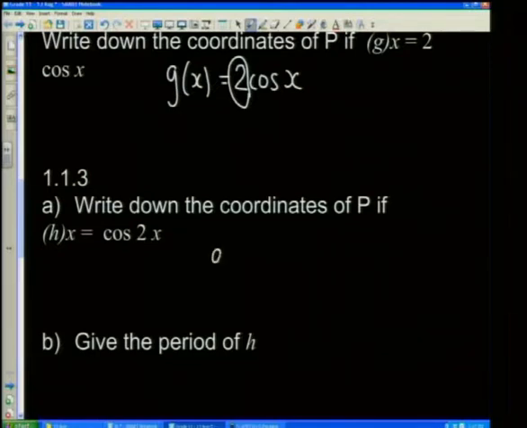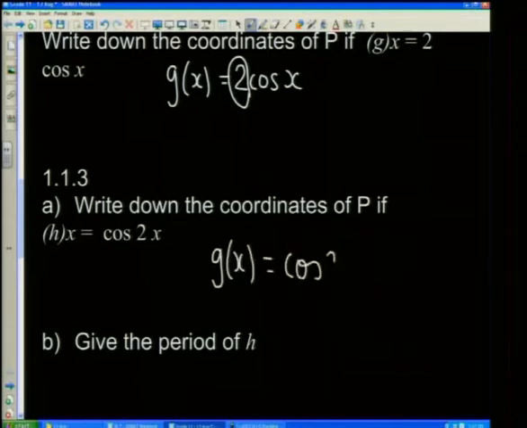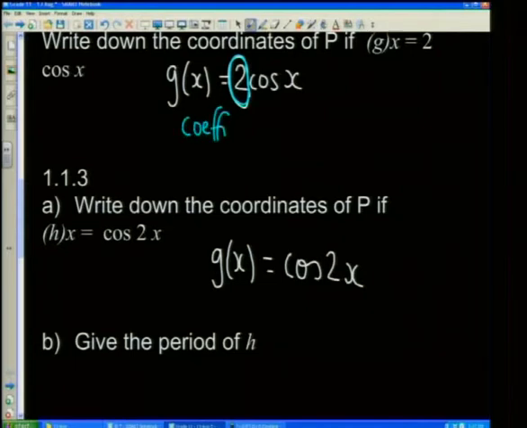The next question is, what would happen if we wanted to sketch g of x, and we would now have g of x equals cos 2x. So in this case, we have the coefficient of the ratio as a changing parameter of the ratio.